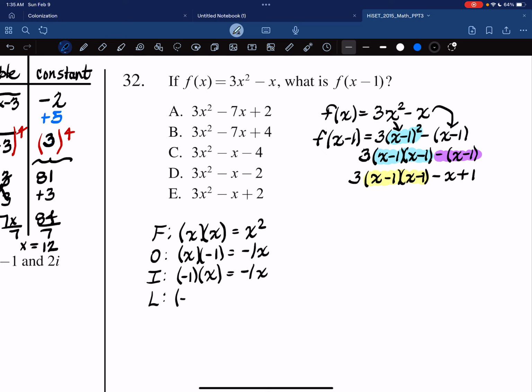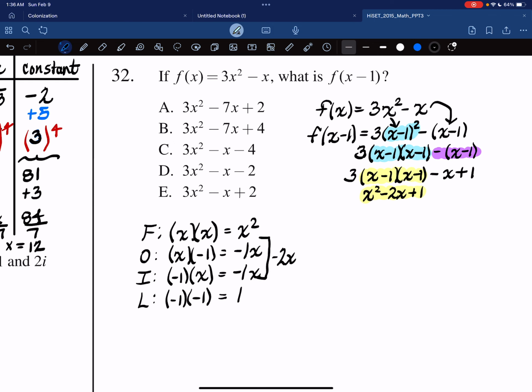And the last terms are negative 1 and negative 1, which will give us a positive 1. So this is minus 2x's. So we have x squared minus 2x plus 1. That's what I get with the FOILing of those two binomials.